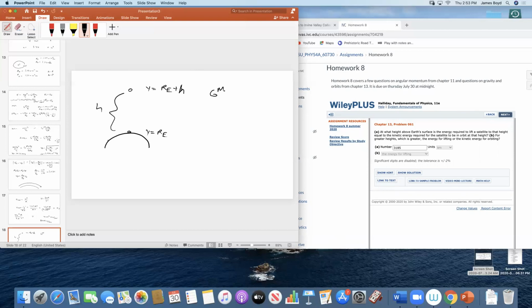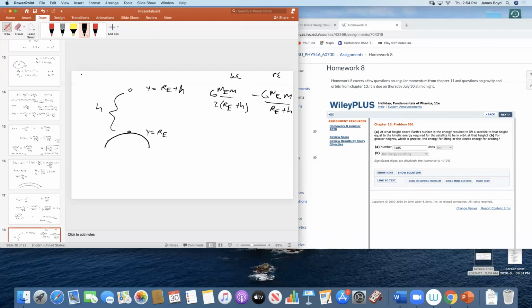So we have G M of the Earth, mass of the object, over, here is our Earth, times 2. This is the kinetic energy term. The potential energy term is always minus G, mass of the Earth, mass of the object, over R_E plus h.